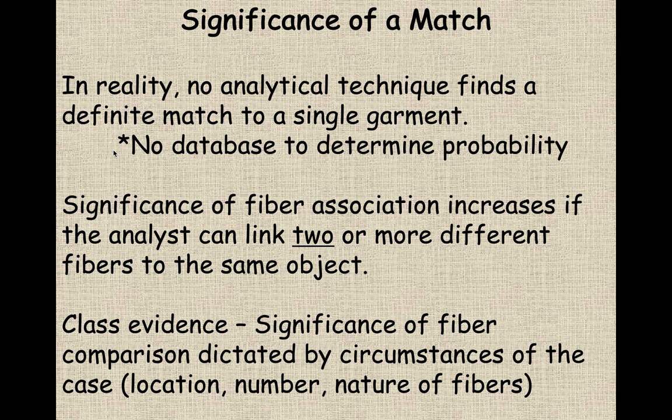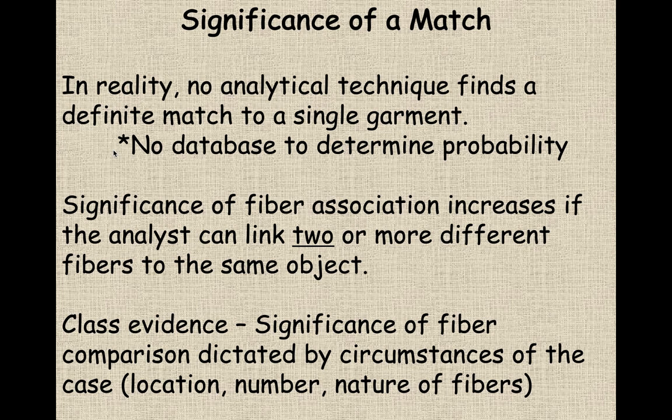It's very difficult. When a textile company uses fibers to make a fabric, that fabric could be sold to literally hundreds of different manufacturers making different pieces of clothing. So it's very difficult to say with 100% certainty that this fiber came from this fabric.